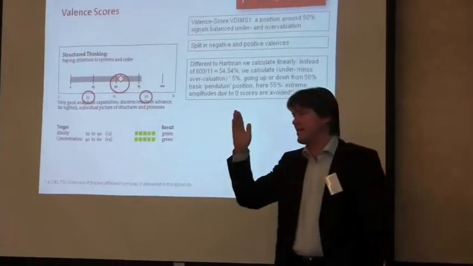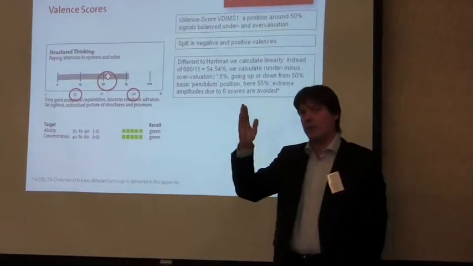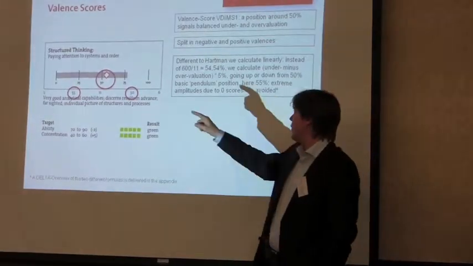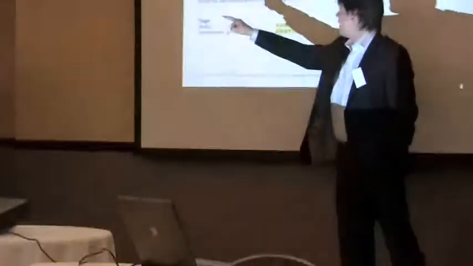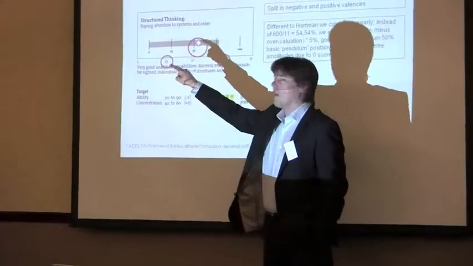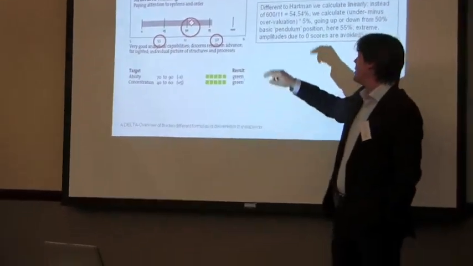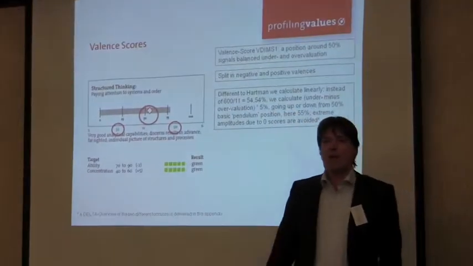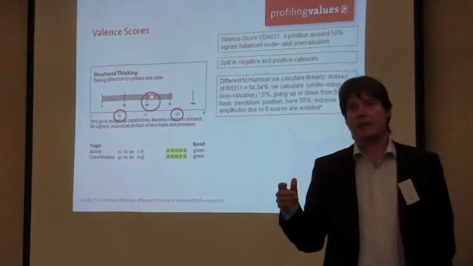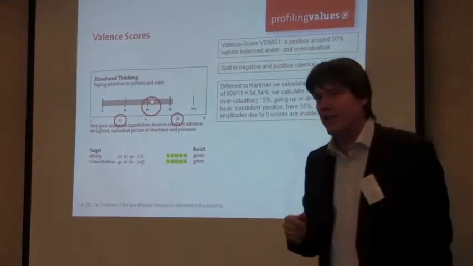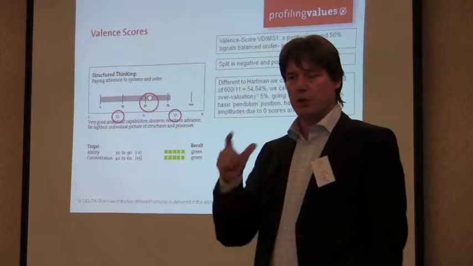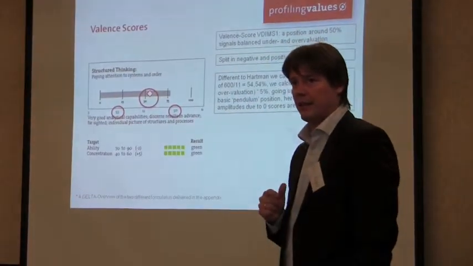And then we go in steps, 5% for each step, from 50% in the direction of the higher valuation. So this is 55%. And you see this is very near. Of course there are some deltas with Hartman's calculation, and if someone is interested, I have a delta calculation with me to show you where exactly the difference is.